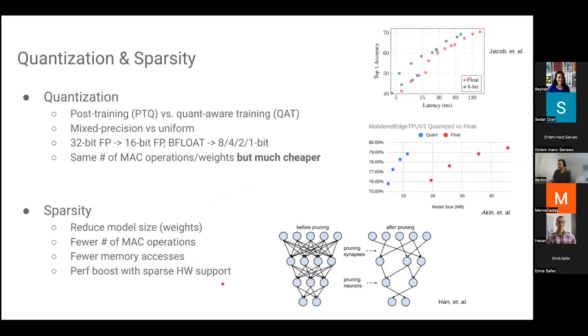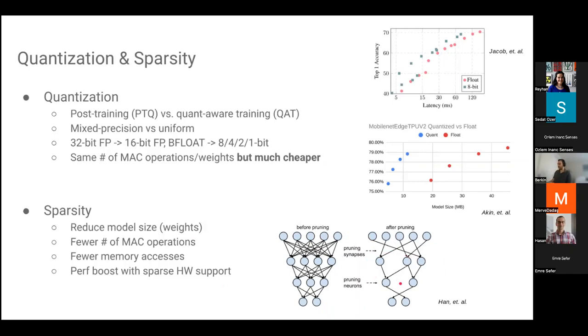Sparsity is another interesting concept, where we take a fully trained dense network, and we can actually do two things. We can prune synapses, which means the connections between those neural network layers are not completely dense, but a sparse connection.